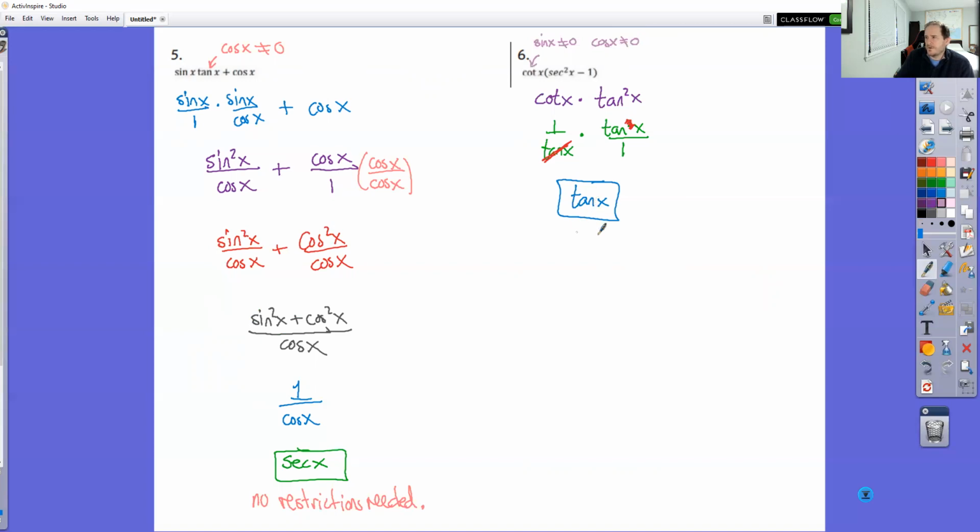Tangent is sine over cosine. So this function is totally happy if sine is equal to 0. But the original wasn't. So we have to stipulate that sine cannot equal 0. And of course, the unit circle tells us that sine equals 0 here and here. So that's pi k. So there's your simplified expression with restrictions.